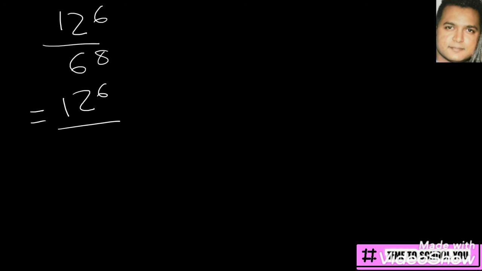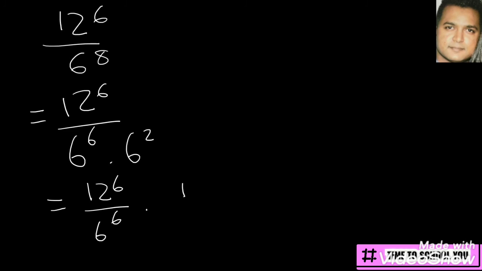In this last example, we have 12 to the power 6 divided by 6 to the power 8. So our step would be 12 to the power 6 divided by, now we need to create a 6. So we know 6 to the power 8 can be written as 6 to the power 6 times 6 to the power 2. Now I can rewrite this as 12 to the power 6 divided by 6 to the power 6 times 1 over 6 to the power 2.